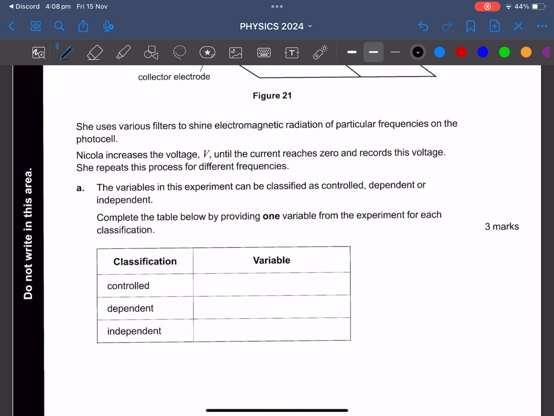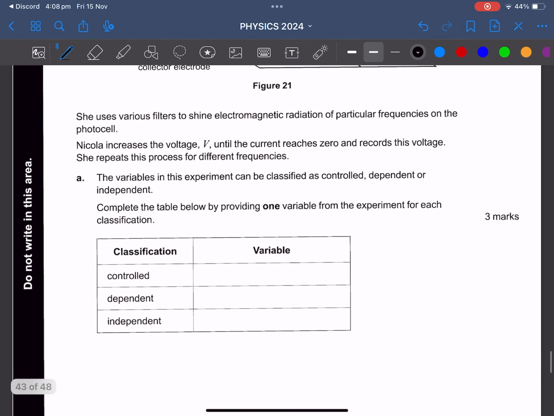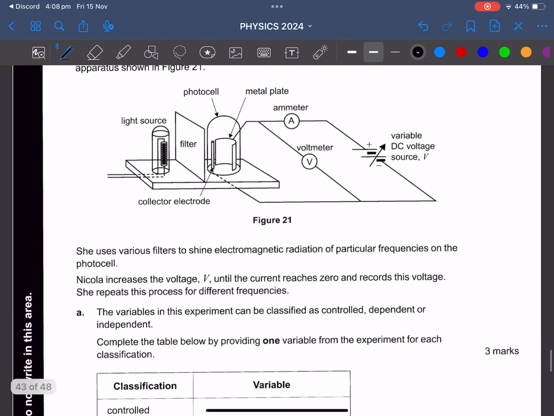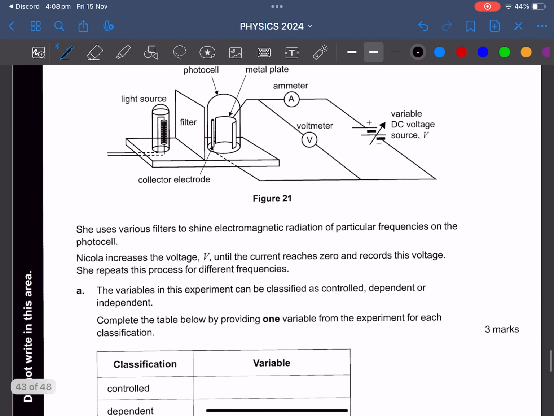She repeats this process for different frequencies. The variables in this experiment can be classified as controlled, dependent, or independent. Complete the table below by providing one variable from the experiment for each classification. So controlled: she uses various filters to shine this. She increases the voltage.